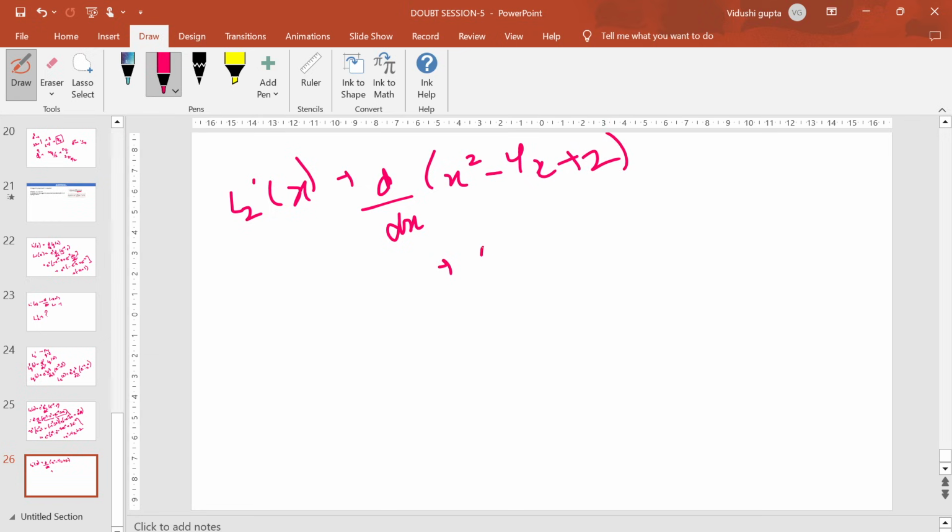So it will be 2x minus 4. That will be the value.